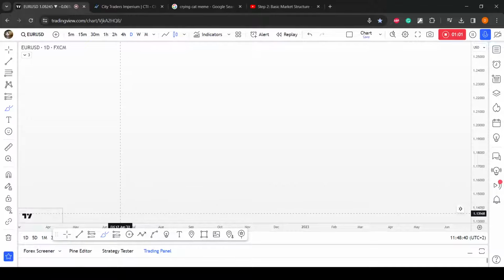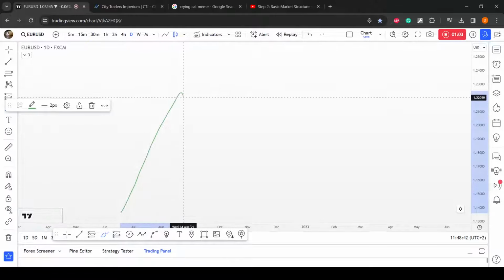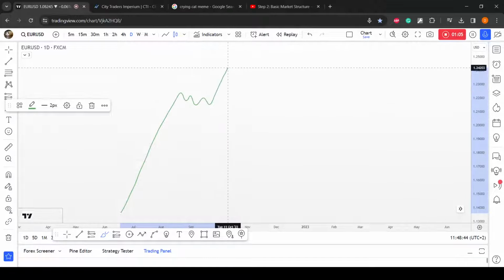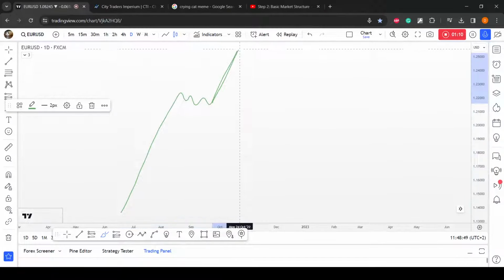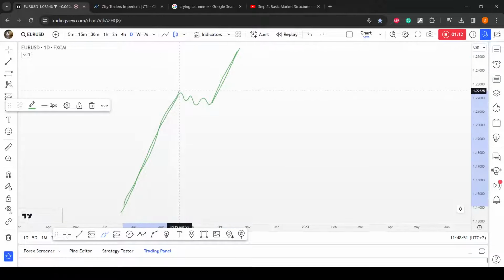But the reality of the market is that it will not move like this. When markets create something like this, we need to ask: are these two obvious impulses different impulses, or are they part of one structural concept? This one we can argue is one move or not.